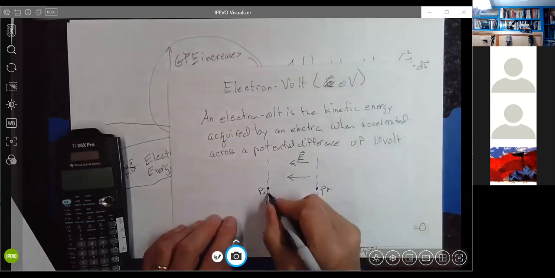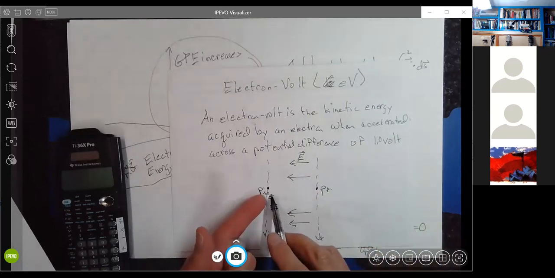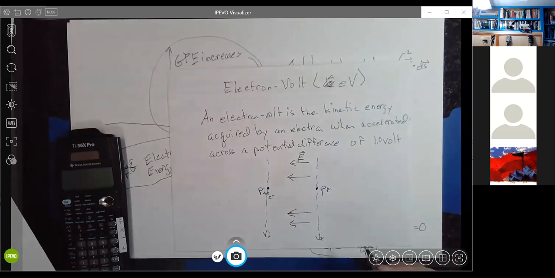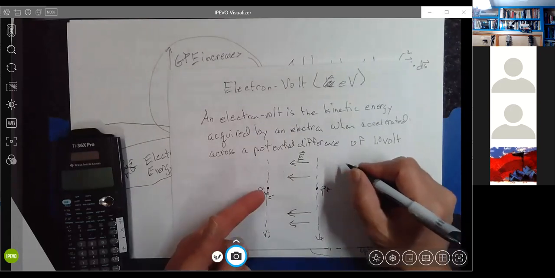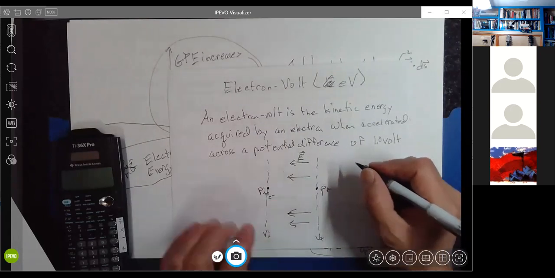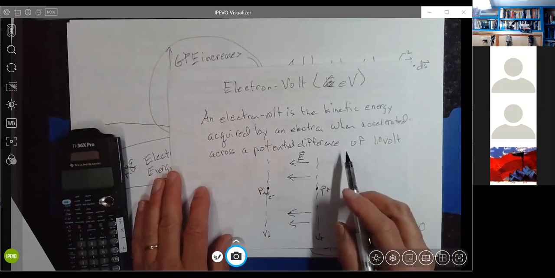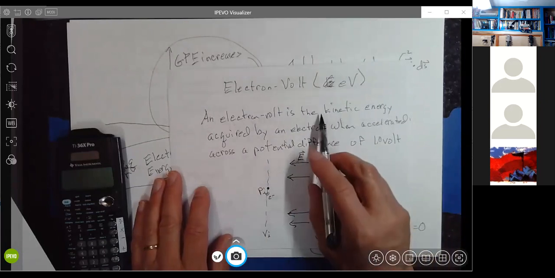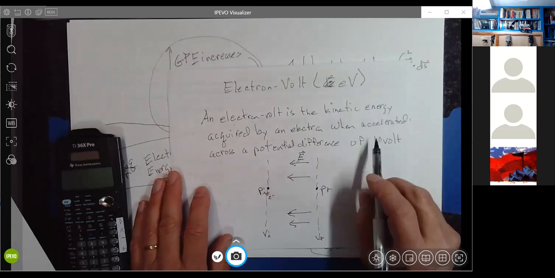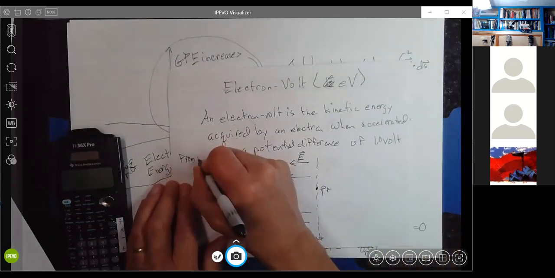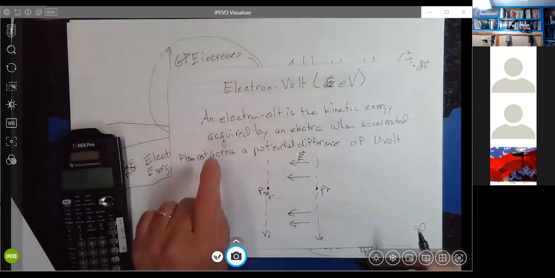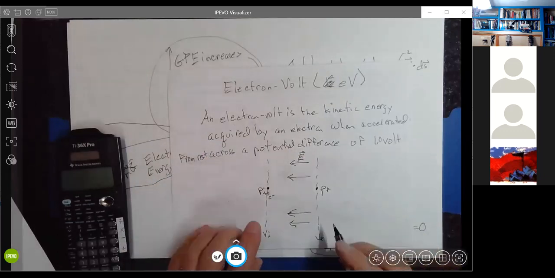And this electron that we've got here, E minus, will be accelerated in the direction opposite the electric field. And if it's accelerated from rest across a potential difference of that.